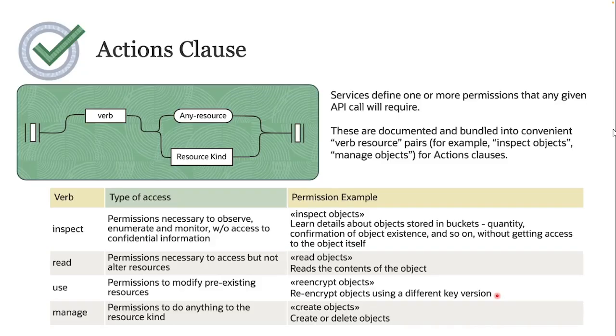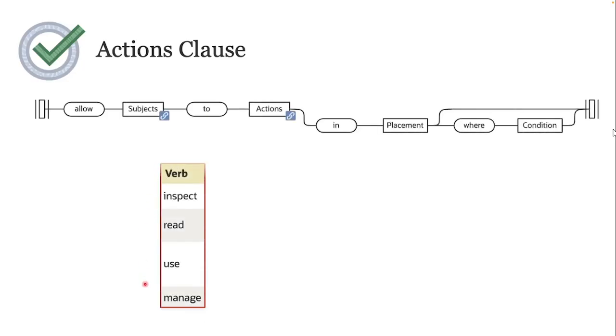So this is an example of the use verb, where we are performing some action on pre-existing resources. And when you say create object, of course you are creating an object, or deleting an object, etc. So in this case, we use the manage verb to assign create permission. So these are the four different verb levels available, and they are consistent across all the resources within OCI.